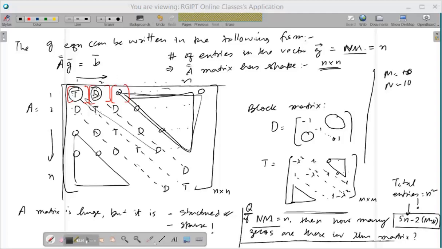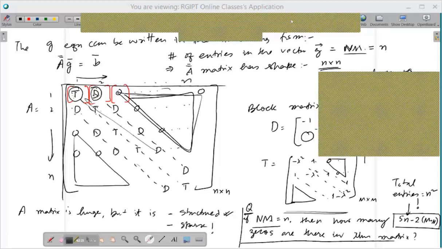Number of columns should match, because we're putting D on top of T. So T and D should match in column size, and since we're putting D right of T, therefore the rows should match with D. So D and T should have the same shape, which is m by m. Okay, is that all right, Mriga?